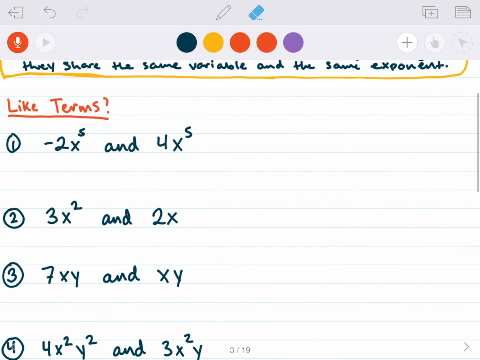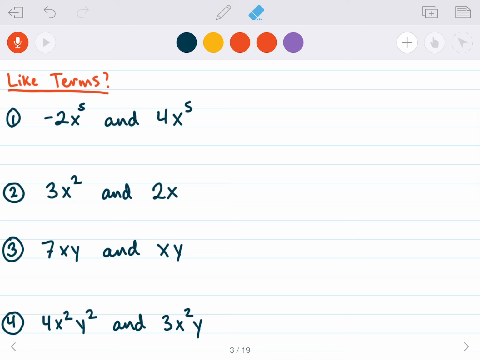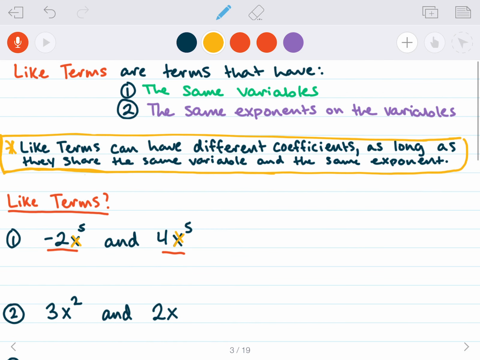So let's look at some of these examples and determine whether the pairs are like terms. So here we have negative 2x to the 5th, and we have 4x to the 5th. Are these like terms? Well, they both have a variable x, so condition 1 is satisfied. Condition 2 says the same exponents need to be on the variables, and the exponent on the variables is 5.